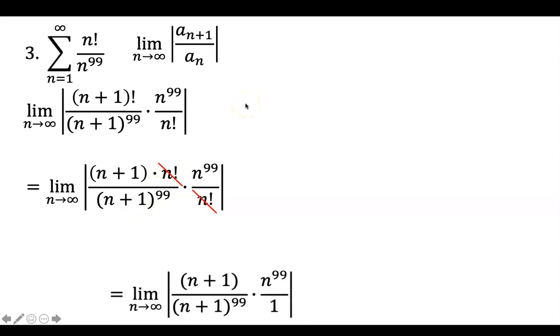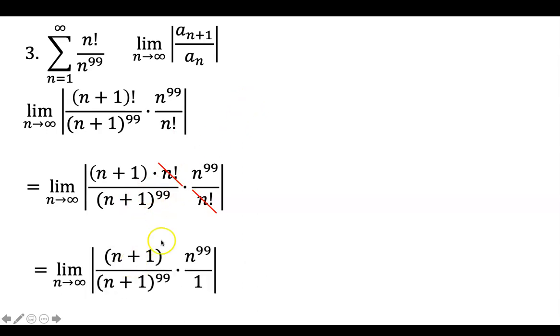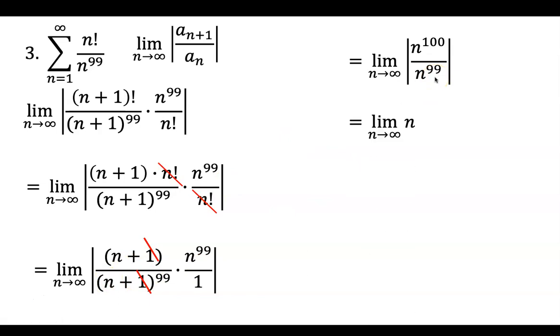So the two 1s are insignificant. I basically get n times n to the 99, or n to the 100th power, over n to the 99. If you reduce it, it just makes n, which, as that approaches infinity, is infinity.